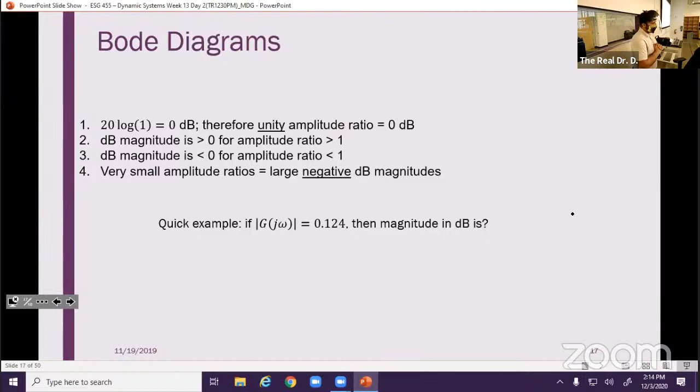Any magnitude greater than 0 dB correlates to an amplitude ratio larger than 1. So you are applying amplification to your system, because you will get out a larger sine wave than what you put in. A magnitude in dB that's less than 0 correlates to an amplitude ratio of less than 1. The amplitude ratio will never be negative.